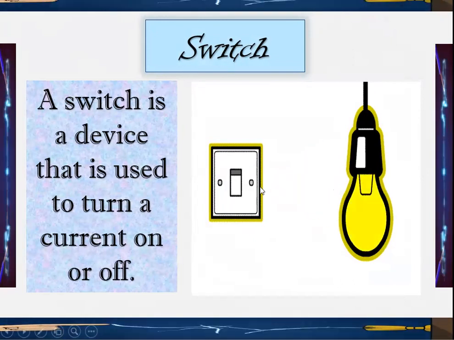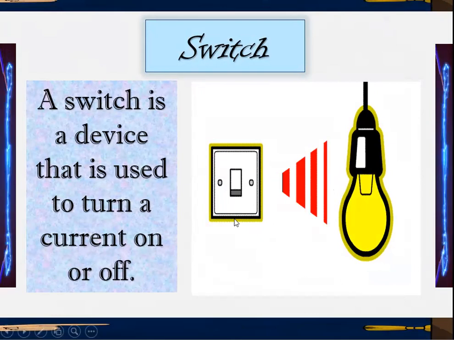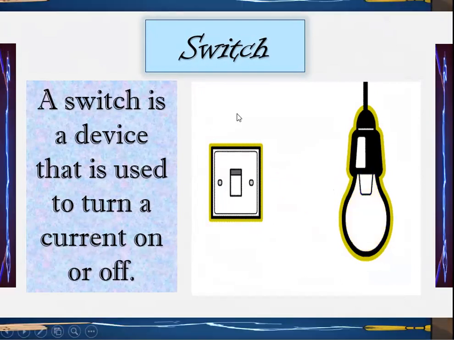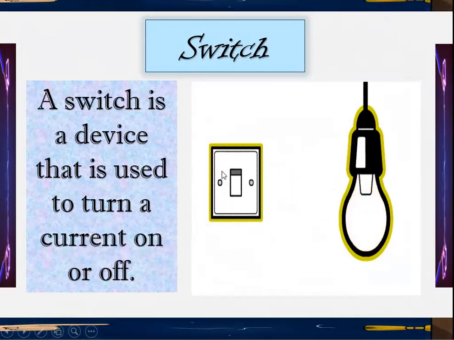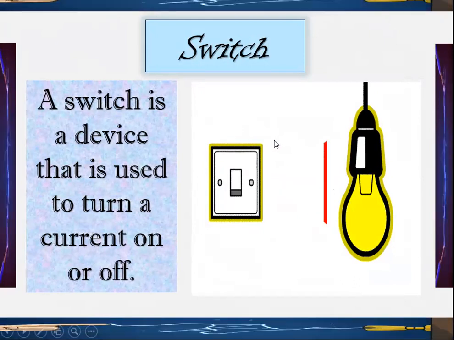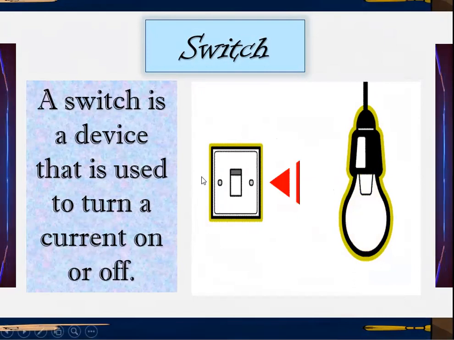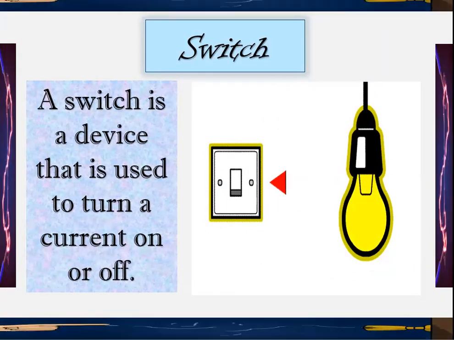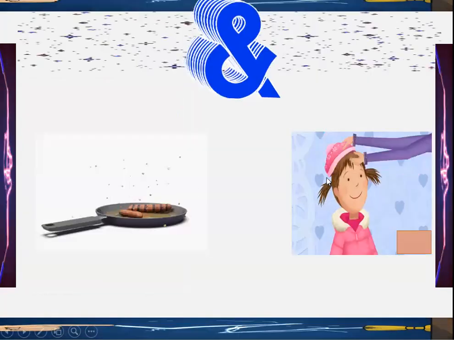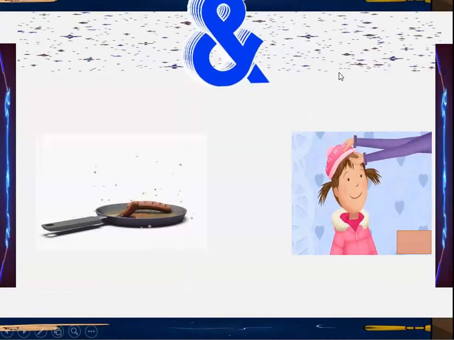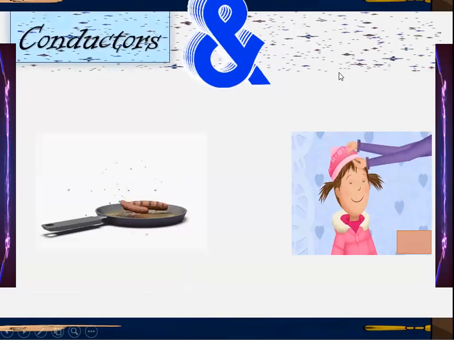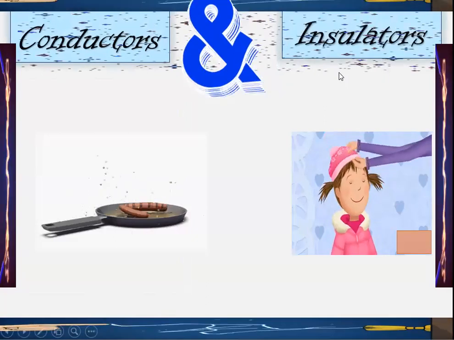When you turn the switch on, a small metal piece inside the switch completes the circuit and the current flows along the wires. When you turn the switch off, the metal piece moves away from the wire and the electric current stops flowing. Now we come to conductors and insulators.